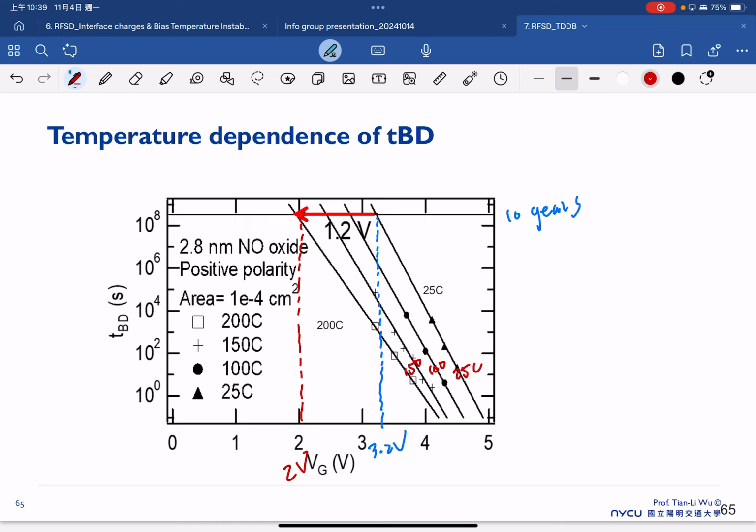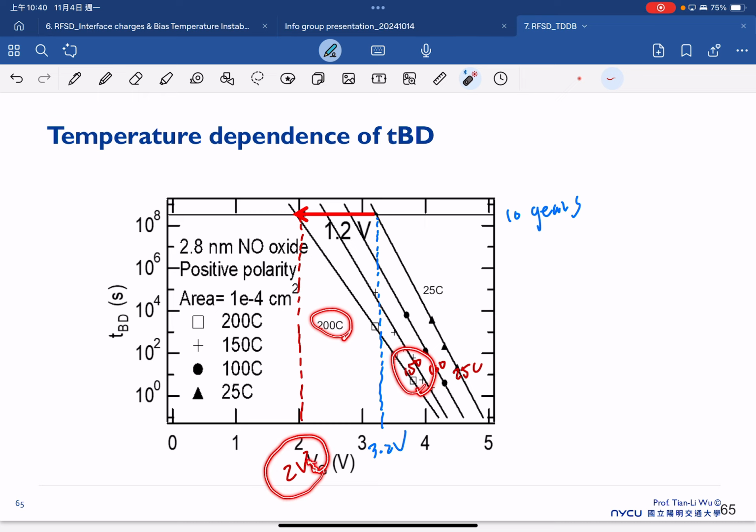So that means if we use 3.2 volt, ideally, the dielectric can sustain for more than 10 years lifetime. This is at 25 Celsius degree. But if you look at the 150, oh no, this is 200 Celsius degree. So that means for 200 Celsius degree, we can only apply 2 volt, and our dielectric can be used for the 10 years.